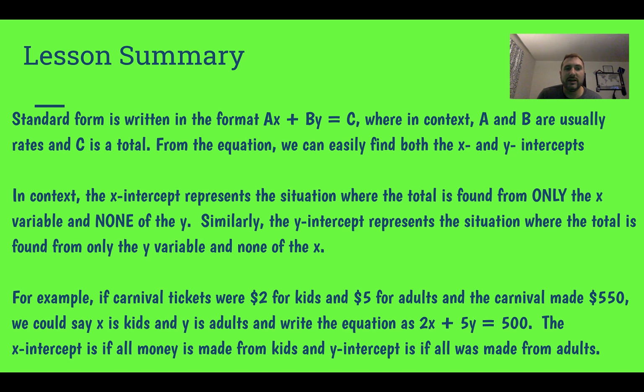So for example, if carnival tickets were $2 for kids and $5 for adults, and the carnival made $550, we could say x is kids, y is adults, and then we'd get the equation 2x plus 5y equals 500. In this situation, the x-intercept would be all money made from kids, and the y-intercept would mean all money was made from adults.